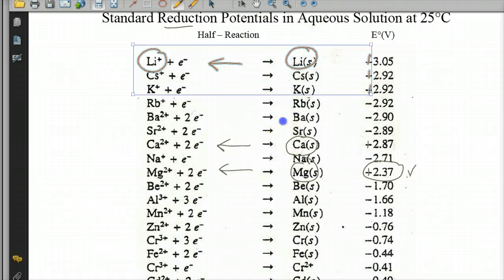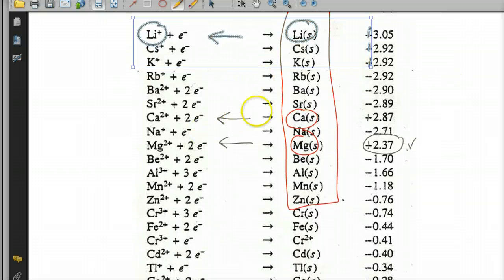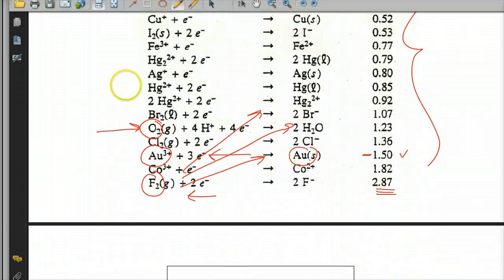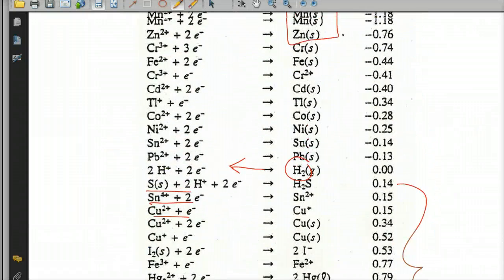These metals can force the reducing of other elements. They can force all of these to reduce. Whereas these elements are so good at reducing, they can force all of these elements above them to oxidize. And that'll give you positive volts overall.